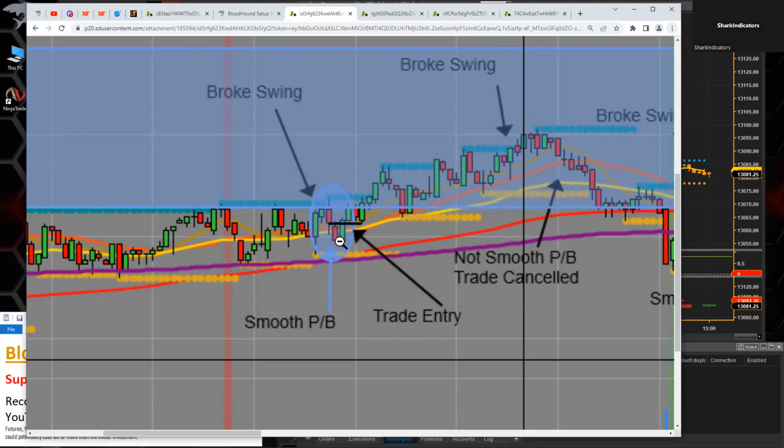So, okay, apparently, according to this screenshot here, the bar actually has to close below the gold line. So we can see the bar that broke the swing high also touched the gold line, but apparently we need the bar to close below it. And so that's the signal. That is the signal bar.